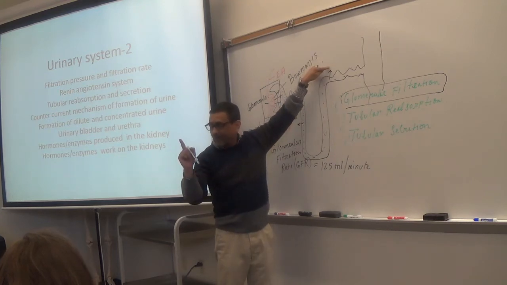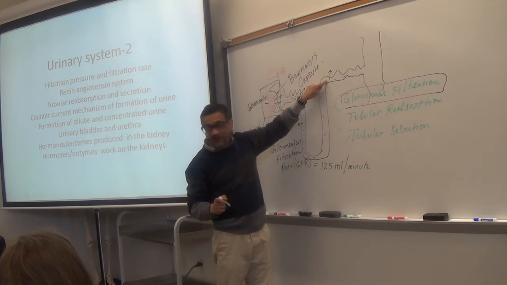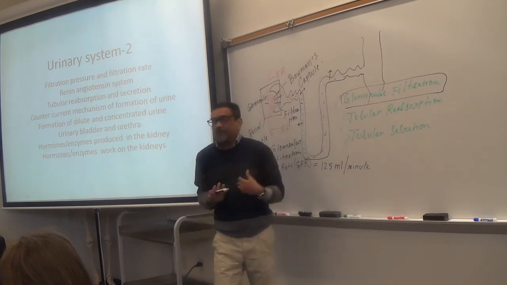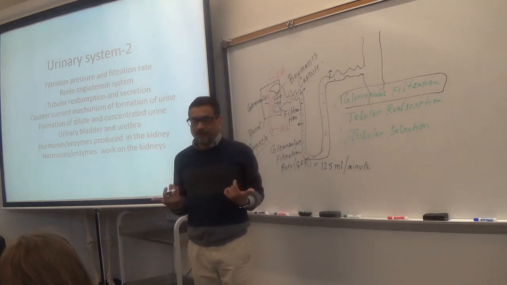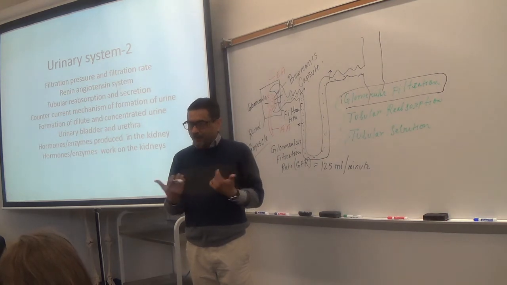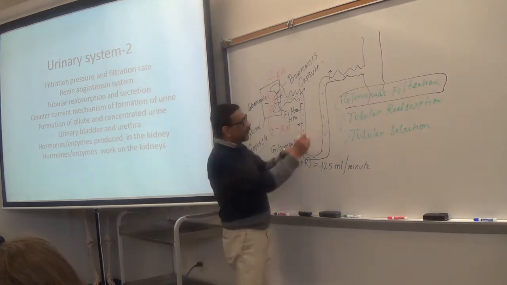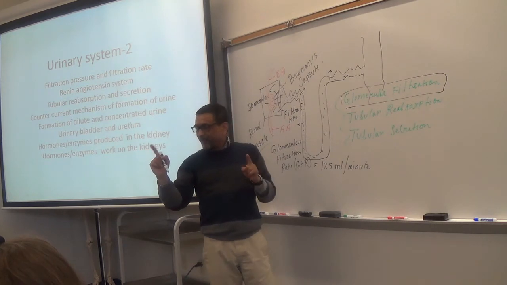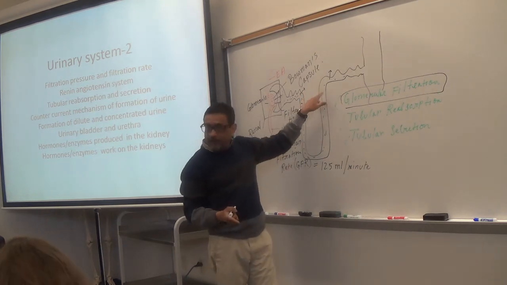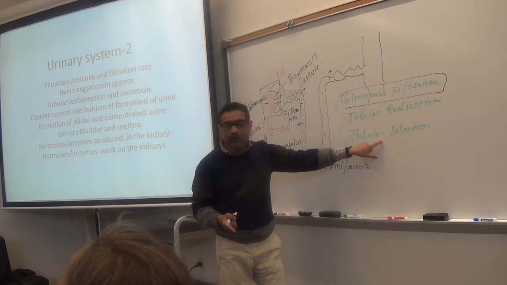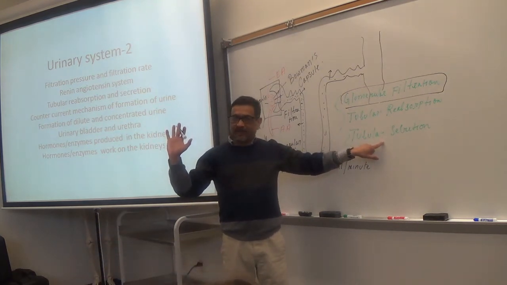This is very important, okay? Anything that is getting out from the tube will stay in the body. Will go back to the body. Anything that will remain inside the tube will get out as urine. Is it clear?